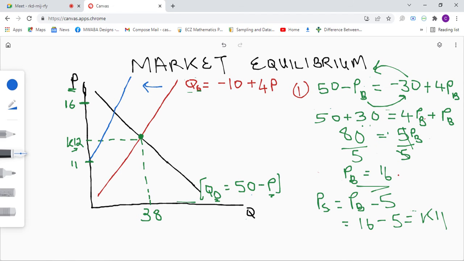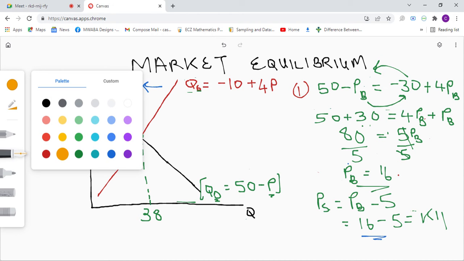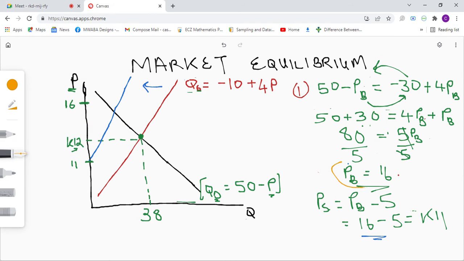Okay, so to get the equilibrium quantity after the tax, we can either substitute PB equals 16 into its original function, or we can also substitute PS equals 11, right?